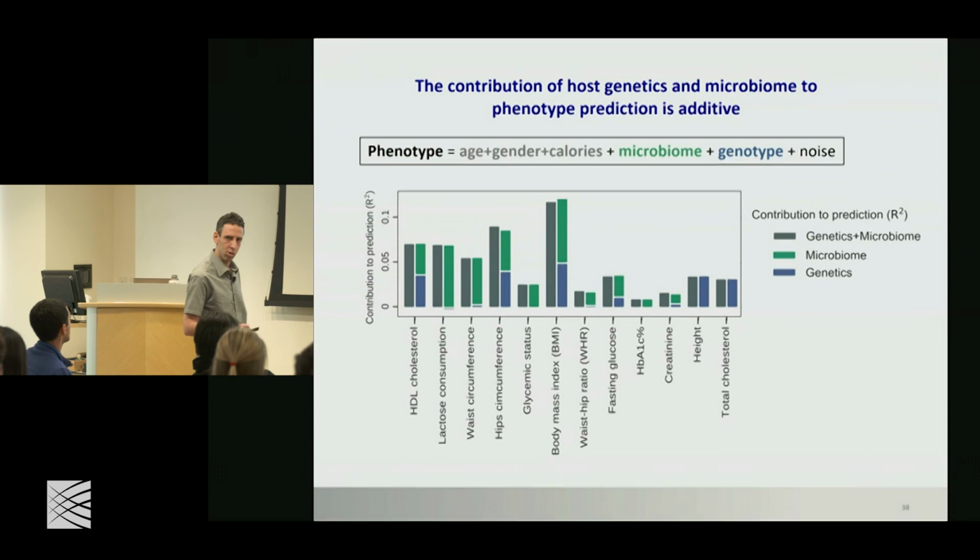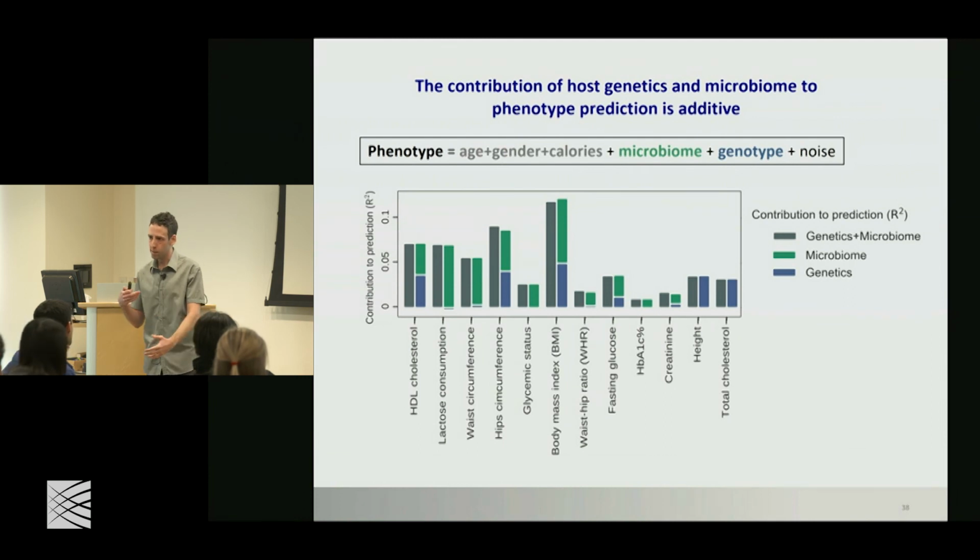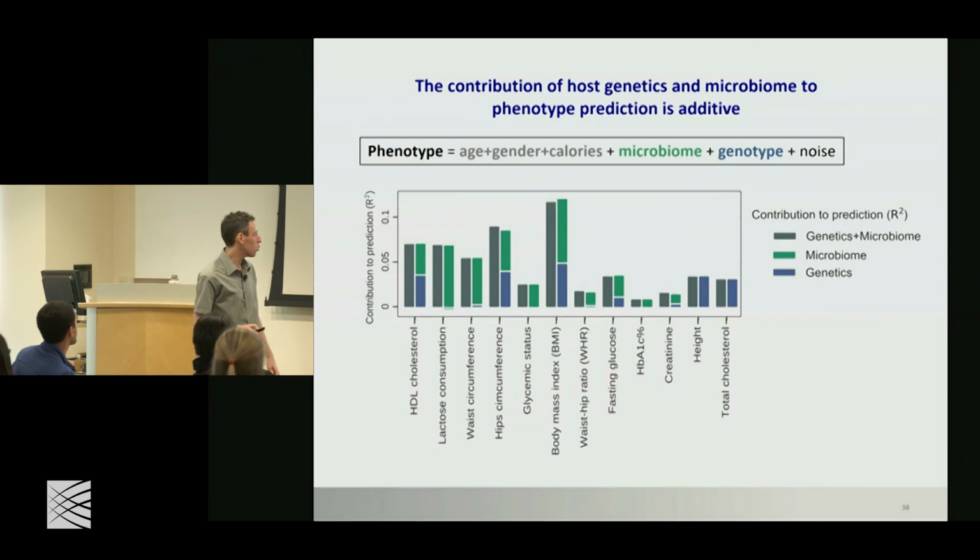And we think that's cool because this is another indication that these effects are independent in some sense, meaning that the effect of microbiome is not mediated through genetics or the other way around, which we think is interesting.